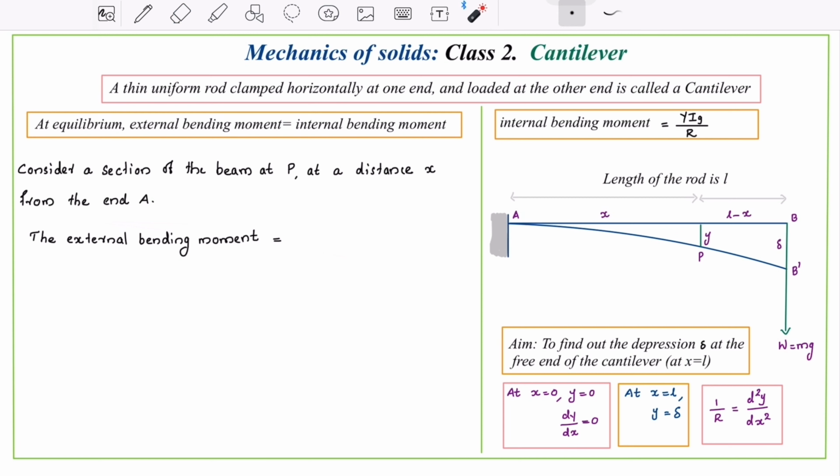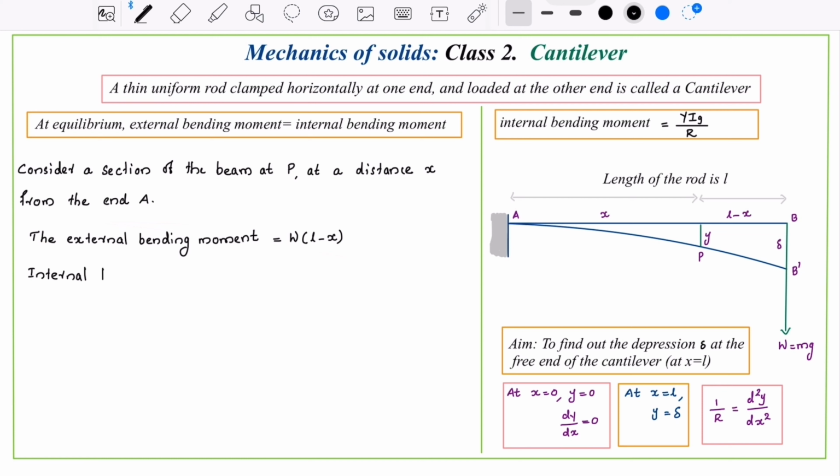Here the force is W, which is equal to mg, and the perpendicular distance is taken from the point P under consideration to the loaded end. So the external bending moment is force into perpendicular distance, that is here W into L minus x.